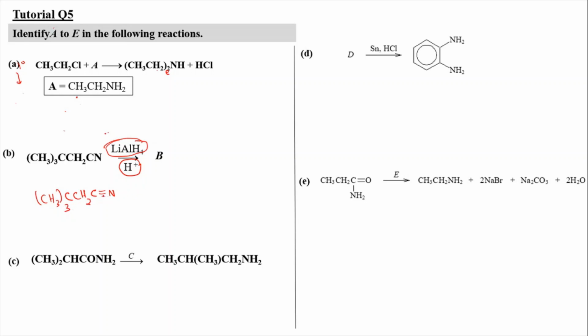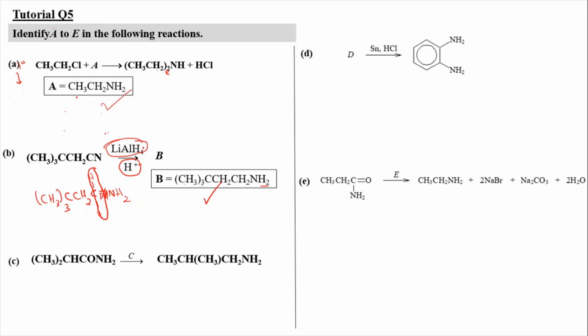So when it undergoes reduction, it's going to become CH2 and NH2. So your B is going to look something like this: CH3 3, CH2, CH2 because of here, and then NH2.